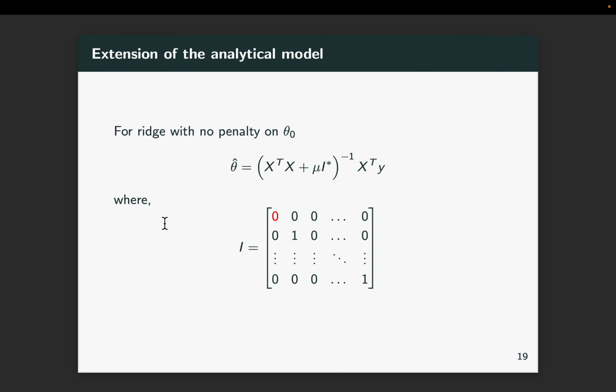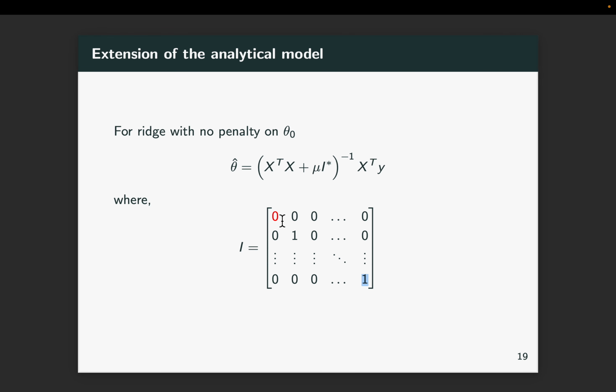So there are two ways in which we can do this. The first, we change I to an I star matrix, where we say that let's not put any penalty corresponding to the theta naught term. So this specific term, the 0th entry in my identity matrix, was corresponding to the penalty for the theta naught term. And if I keep this to 0, so this is the penalty corresponding to theta 1, this is the penalty corresponding to theta d.